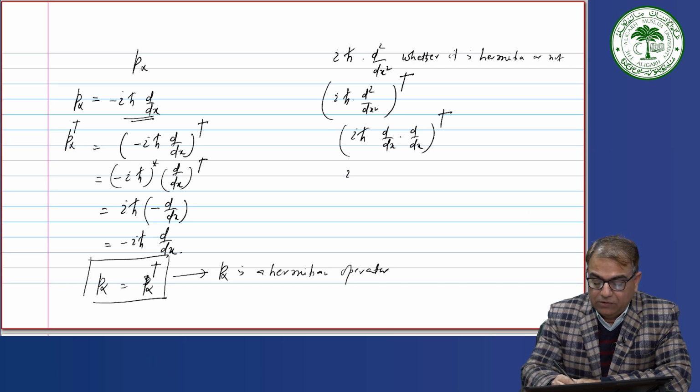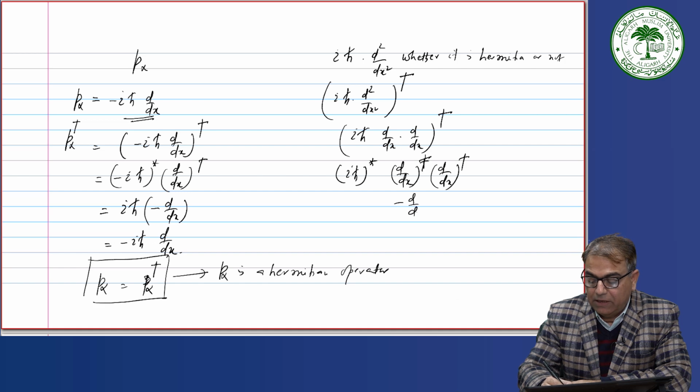So it will be the conjugate of i h cross, and then you take d/dx dagger and d/dx dagger. This is minus d/dx, this is also minus d/dx, that is the rule.